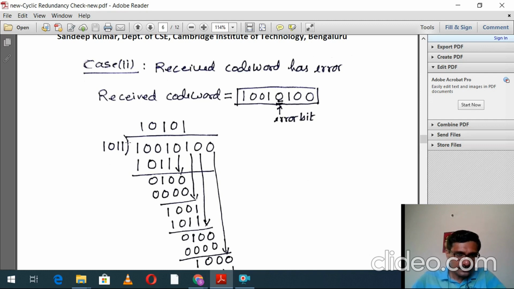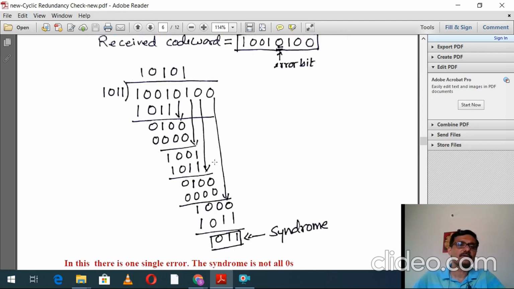Now the receiver will perform the same division operation for the received code word. Again, if the leftmost bit is 1, 1011 is taken as the divisor. If the leftmost bit is 0, 0000 is taken as the divisor. This division process continues. At the end we got 011 as the syndrome.